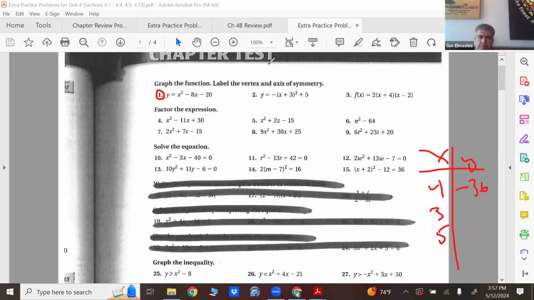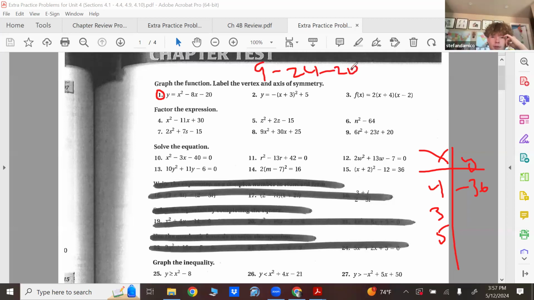No, you get 9 minus 24 minus 20. 9 minus 24 would be negative 15, minus 20. It's negative 35. Oh, I did that wrong in my head. I added the 20.